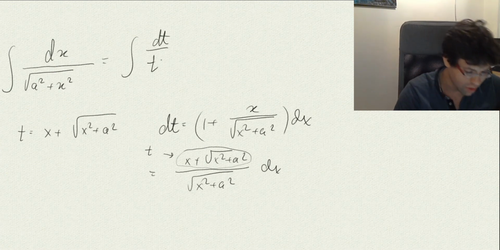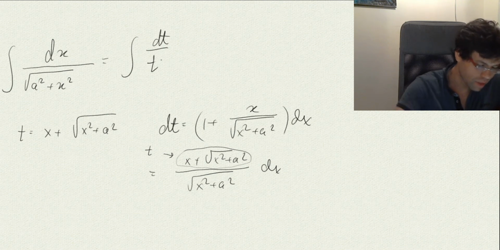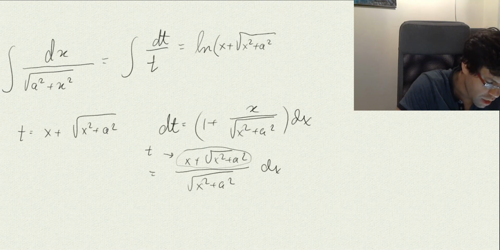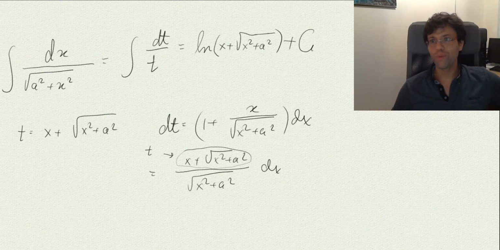That's exactly the miracle. That's exactly the integral. And so this is the natural logarithm of t, but t is this. So this is just the natural logarithm of x plus the square root of x squared plus a squared plus a constant. So I promised you one integral, but you got another one for free.